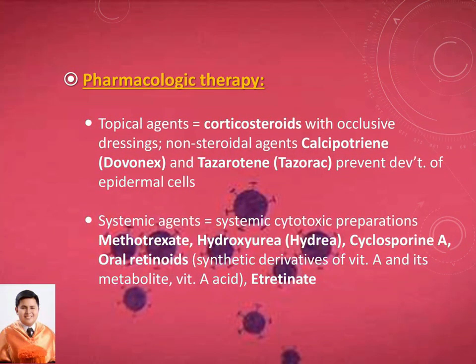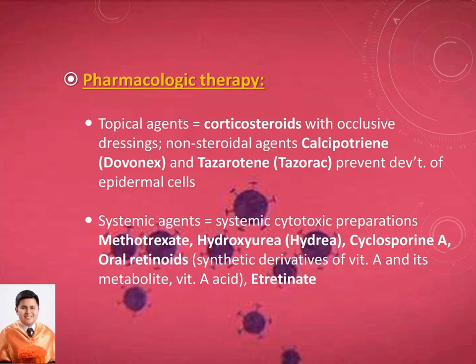For the pharmacologic therapy or management, topical agents and systemic agents are usually prescribed to these clients. Topical agents such as corticosteroids with adhesive dressings are given to prevent further development and growth of epidermal cells.